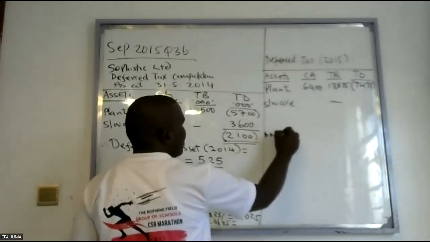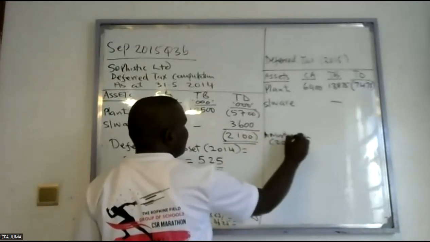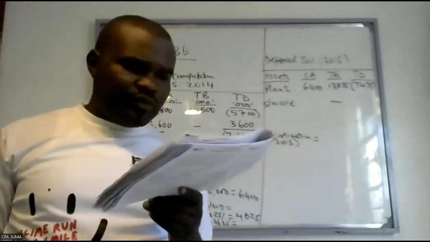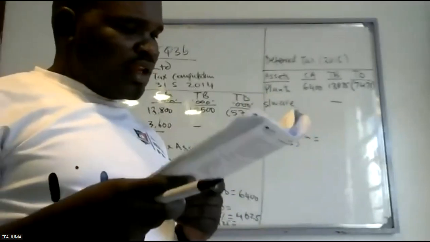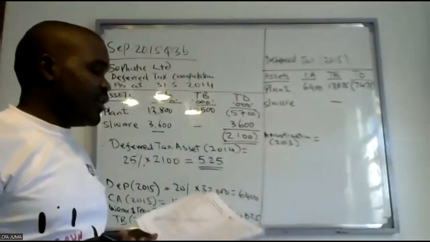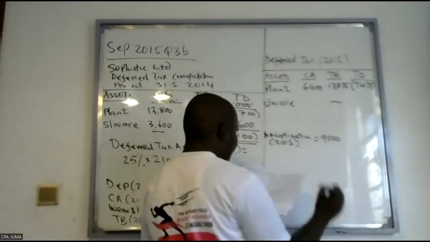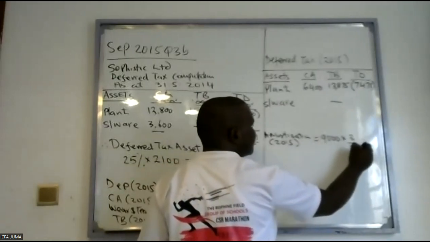For 2015 amortization, they said they were using the sum of digits method. We took the cost of the software, which was 9, and multiplied by 3/15.